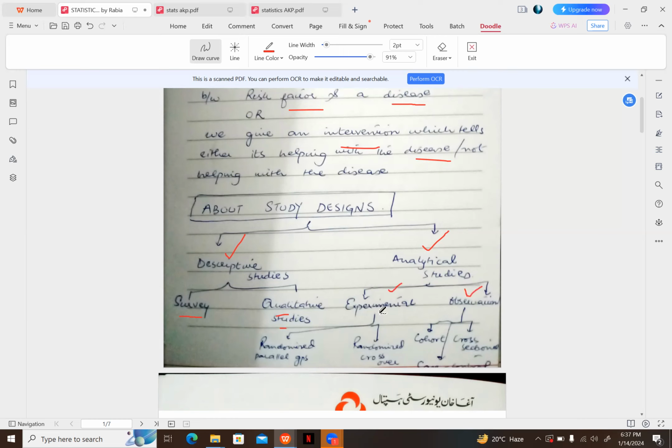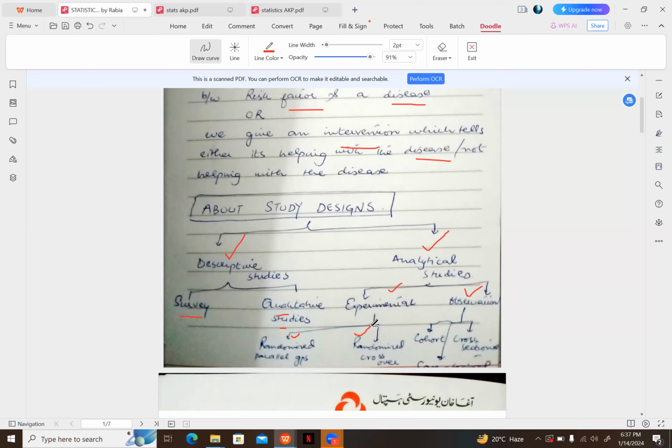Among the experimental studies, we have the randomized parallel groups and randomized crossover groups. So in RCT, randomized control trials, you will see most of the questions in your AKP exam from these experimental studies. They will give you the experimental studies and you then interpret that.